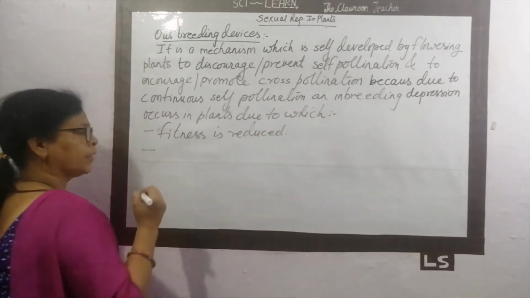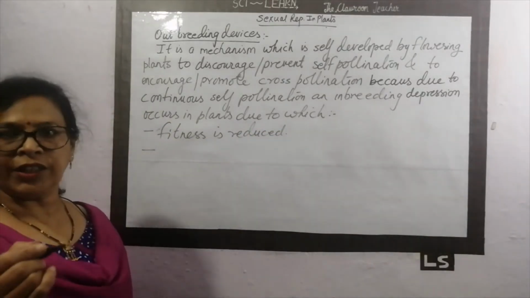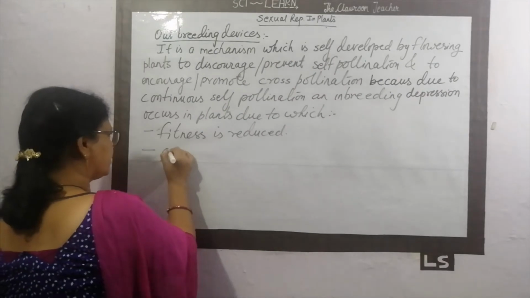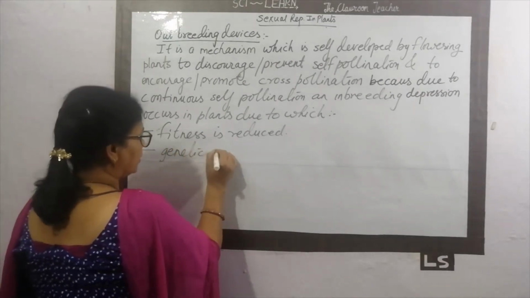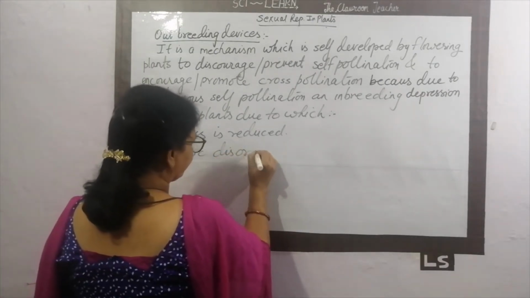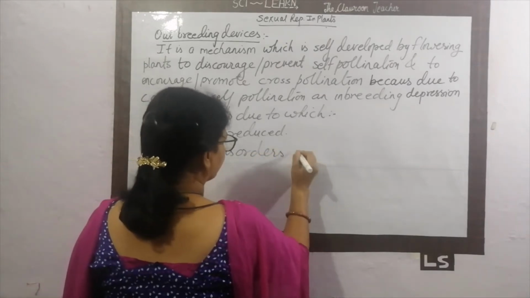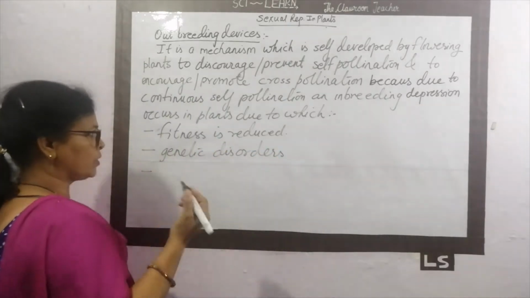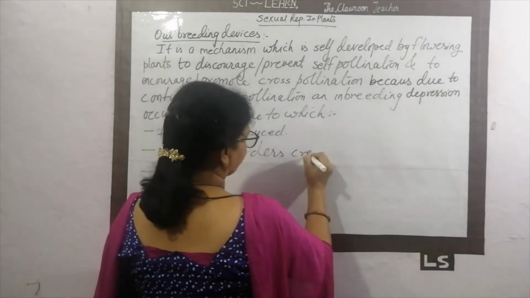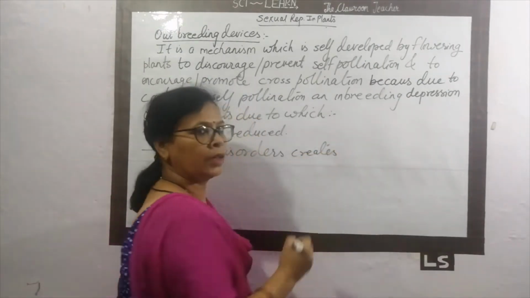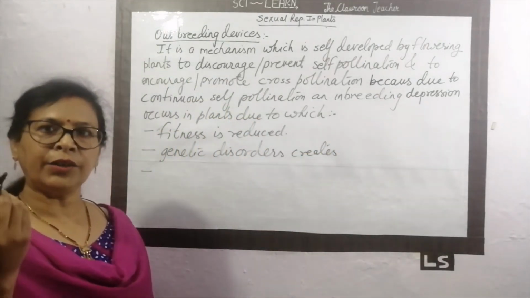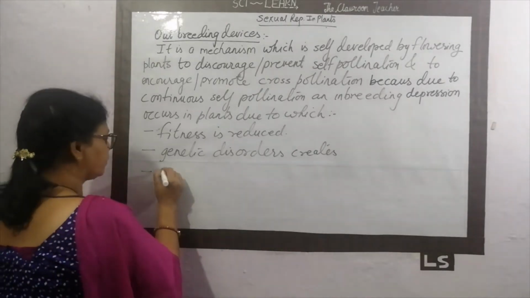Now second, genetic disorders are also created. Next, it reduces the pollen output.